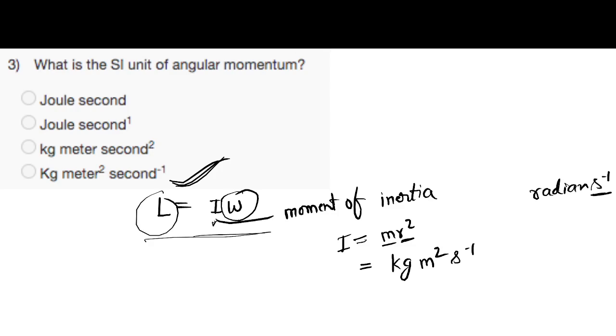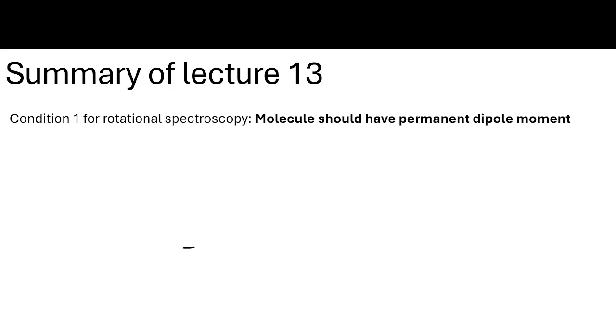Okay. So these were some questions based on lecture 13, the first lecture of rotational spectroscopy. We simply saw the correspondence between linear motion and angular motion and how both are related. The next thing will come, rotational spectroscopy. So the first question is, what is the condition for rotational spectroscopy?